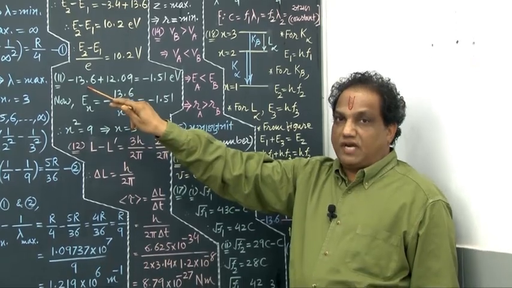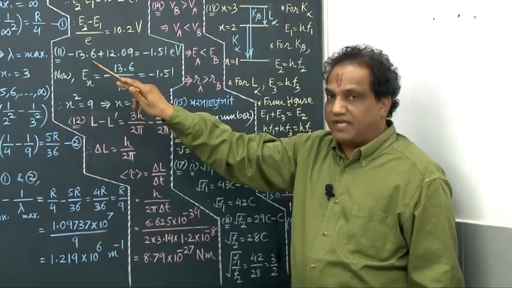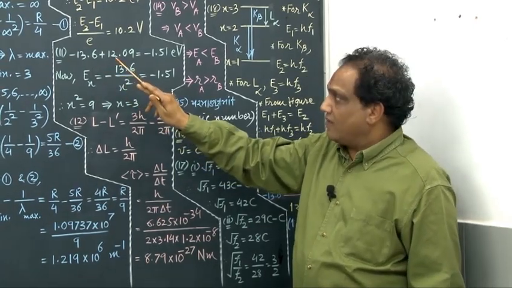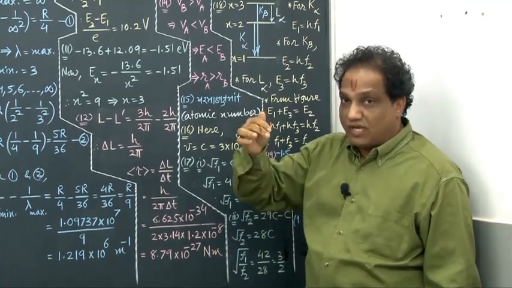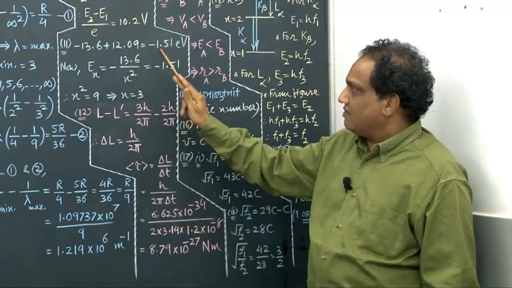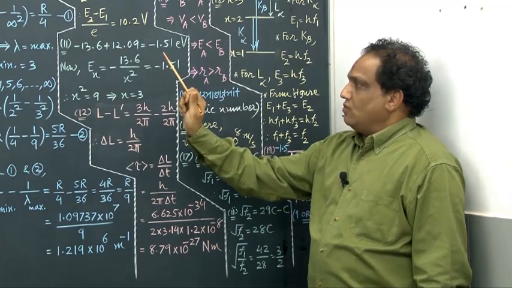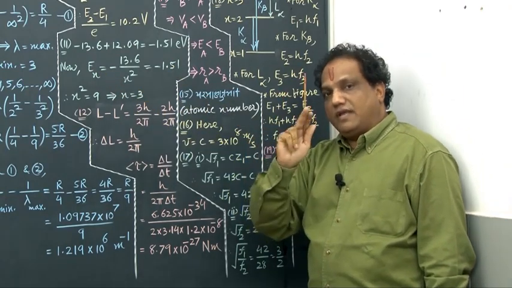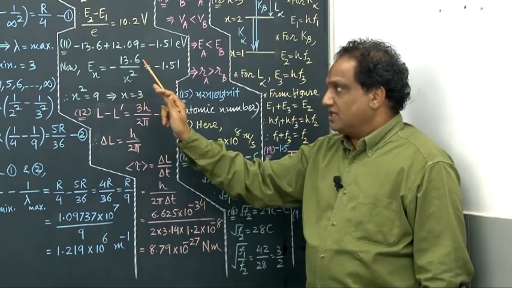The energy of the electron in the ground state in the hydrogen atom is minus 13.6 electron volt. You are supplying 12.09 electron volt of energy. So its total energy will now be this plus this, the answer is minus 1.51 electron volt. Now the energy of an electron in a hydrogen atom in electron volt is given by the formula minus 13.6 upon n square.